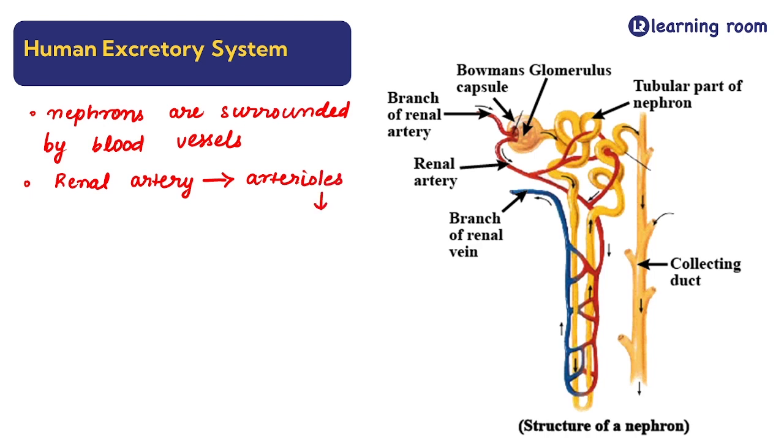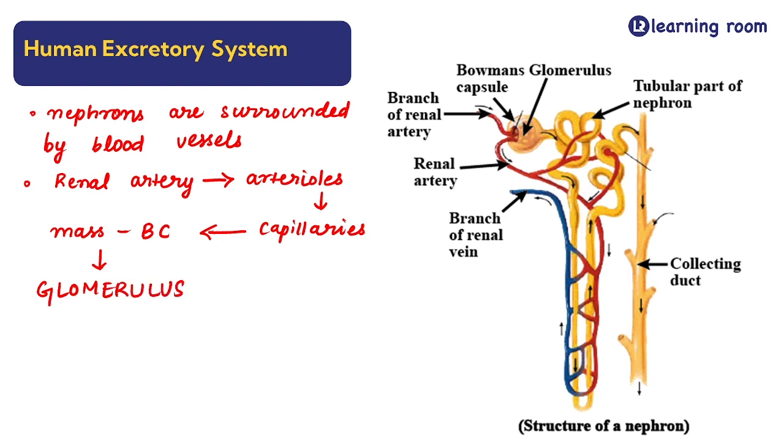Each arteriole will further branch out into a mass of capillaries. And these capillaries form a mass inside the Bowman's capsule, which is called as the glomerulus.